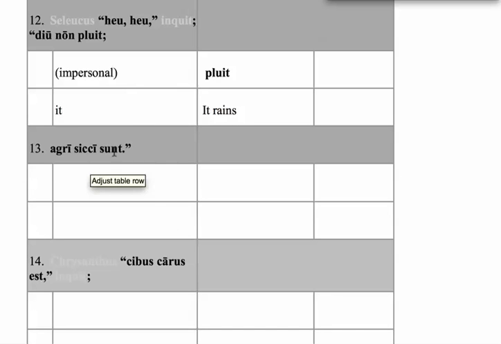Now we have to turn our attention to verbs that are sunt or est. So if it's sunt, you'll have a plural noun as the subject. In this case, it's agri. And the adjective that matches agri, in this case sicci, dry, will go in the right-hand box.